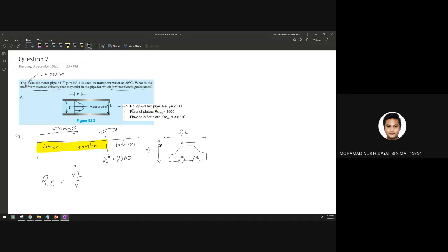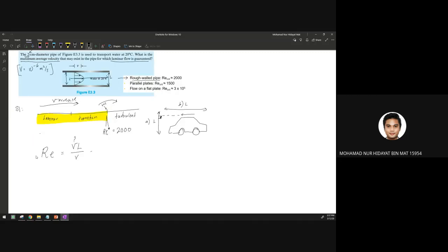According to the standard table, the kinematic viscosity is 10 to the power of negative 6 meter squared per second. This is the standard kinematic viscosity. So from here, you need to make velocity the subject.